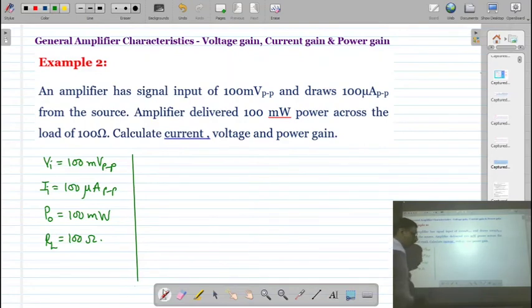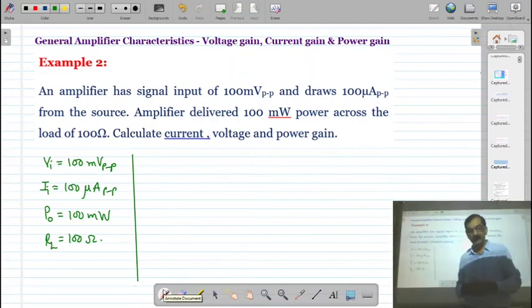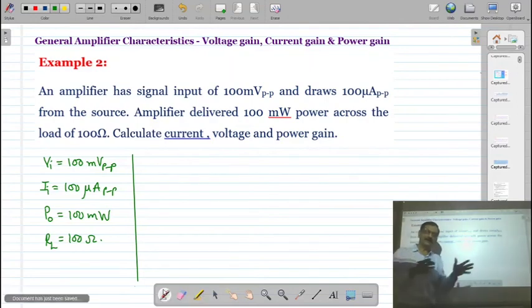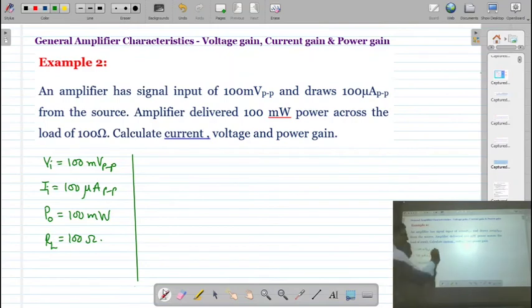So first of all, we will convert. Remember, because some of the data is in RMS, some of the data is in peak to peak. So we will have to convert either into RMS or into peak to peak value. VI is given as 100 millivolt peak to peak.